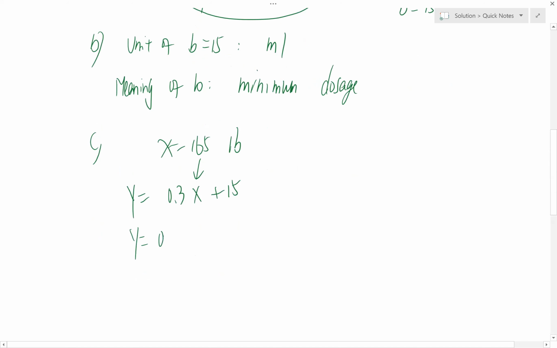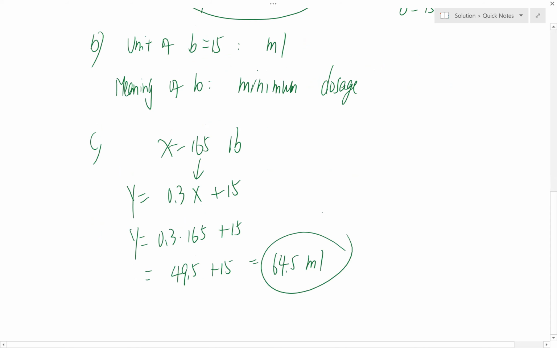So Y equals 0.3 times 165 adding 15. And 0.3 times 165 is 49.5. Adding 15, this turned out to be 64.5 milliliters.